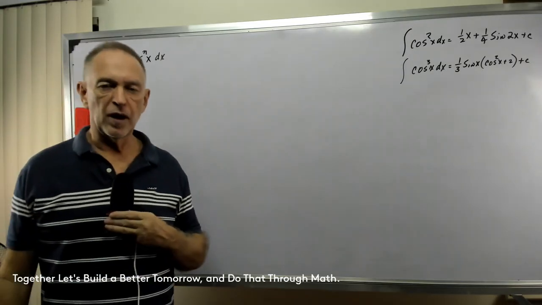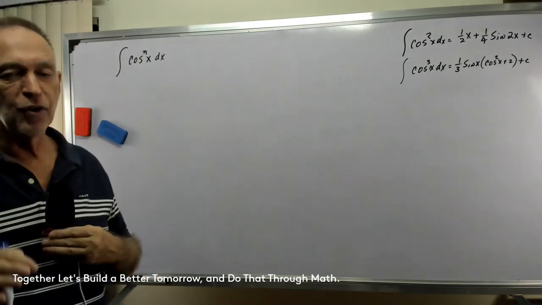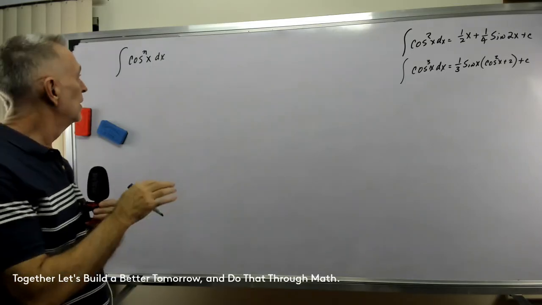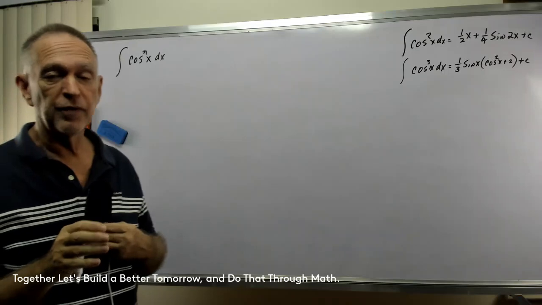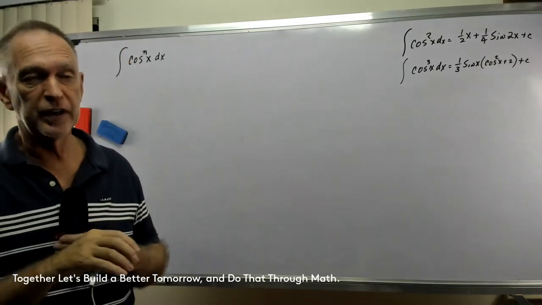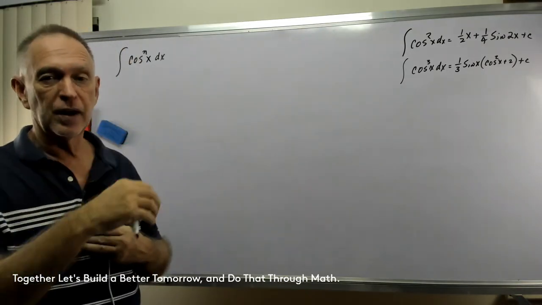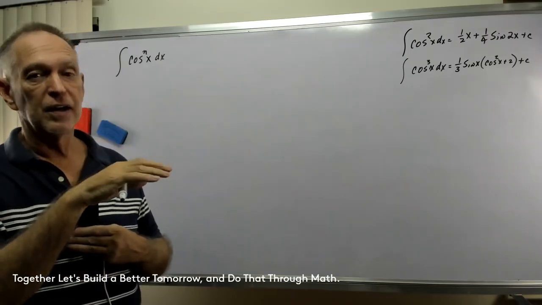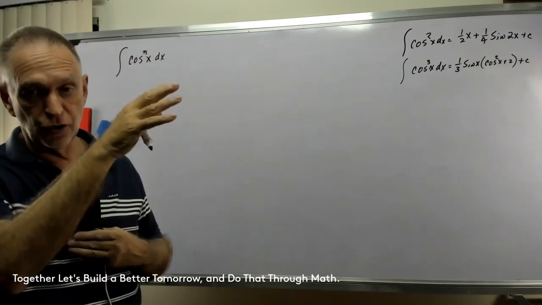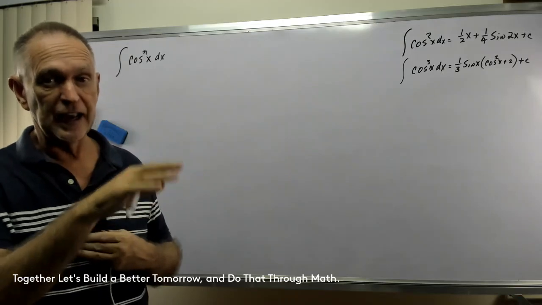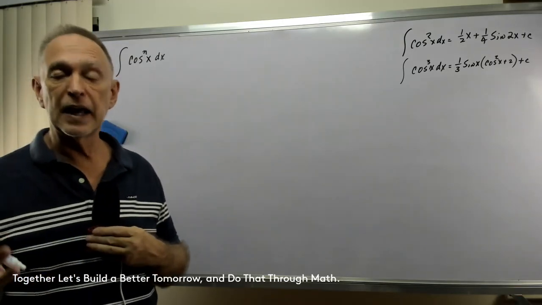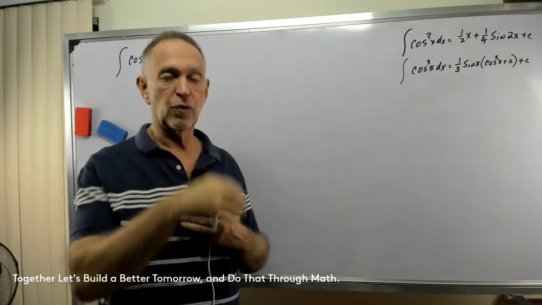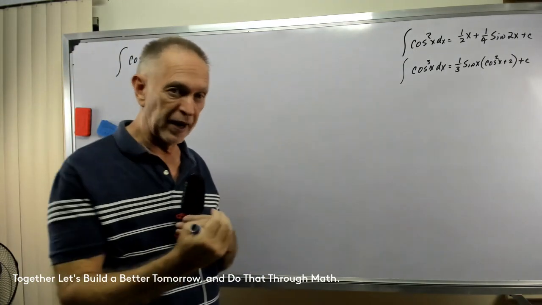Hey guys, Dr. Brown here, and tonight we're looking at the integral of cosine x raised to the n. You'll recall we've had some previous videos where we did the integral of sine x squared, sine x cubed, and then the integral of sine x raised to the n, and then we compared our answers.